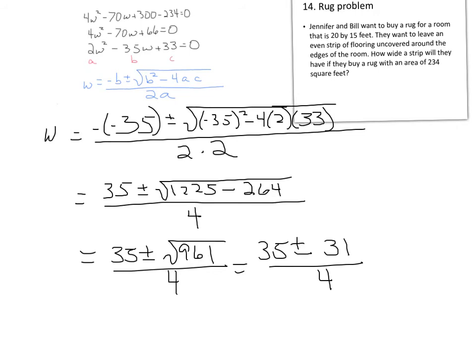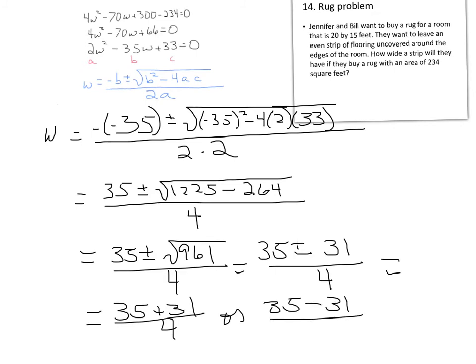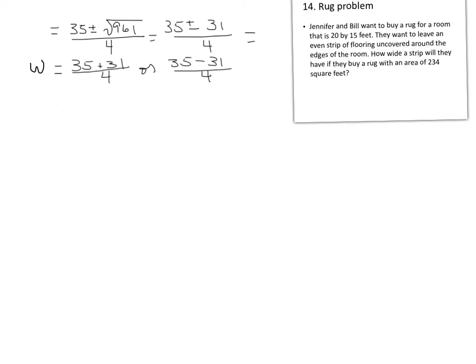So that's nice. That's going to be 35 plus 31 over 4, or 35 minus 31 over 4. So that means W equals 66 over 4, or 4 over 4. And 66 over 4 is 16.5.